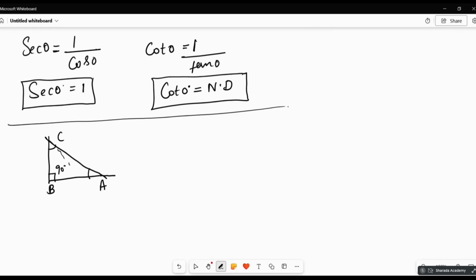See, if I make this like this, now this angle will be more, correct? If I increase the slope still more, the angle A will keep on increasing.